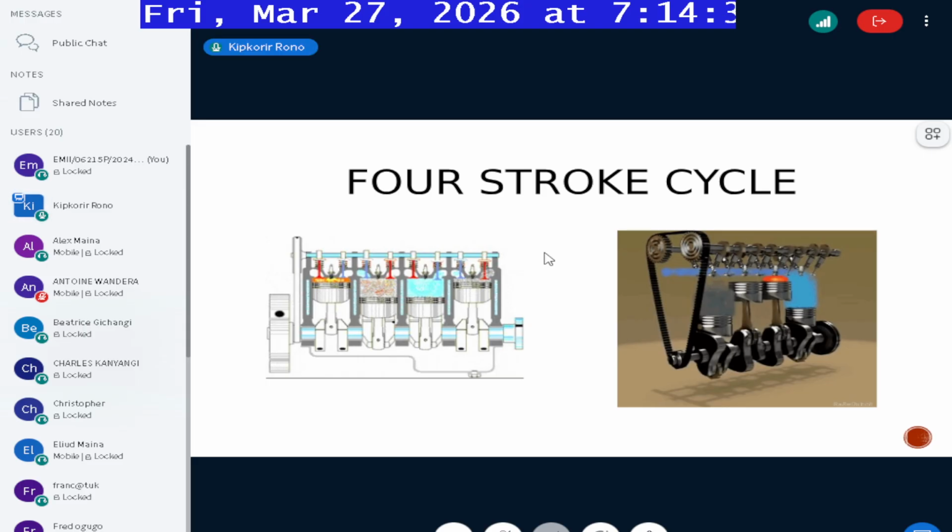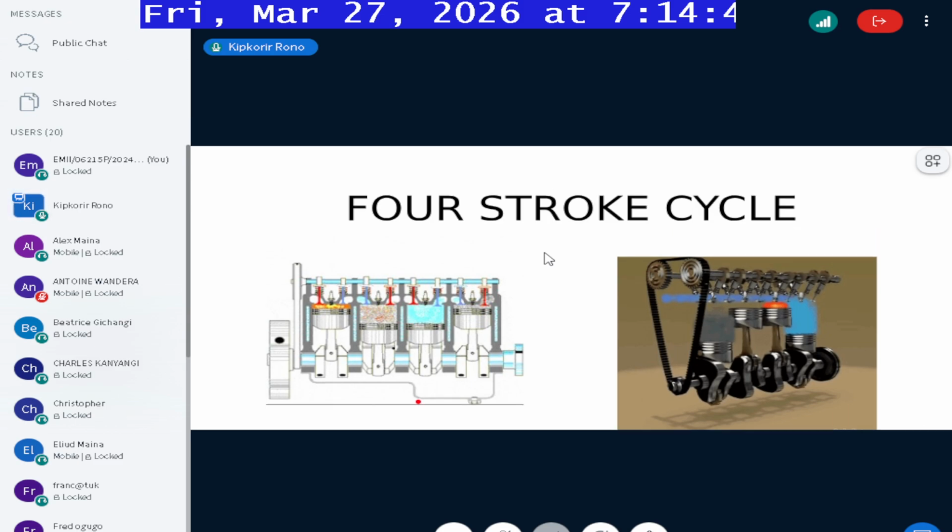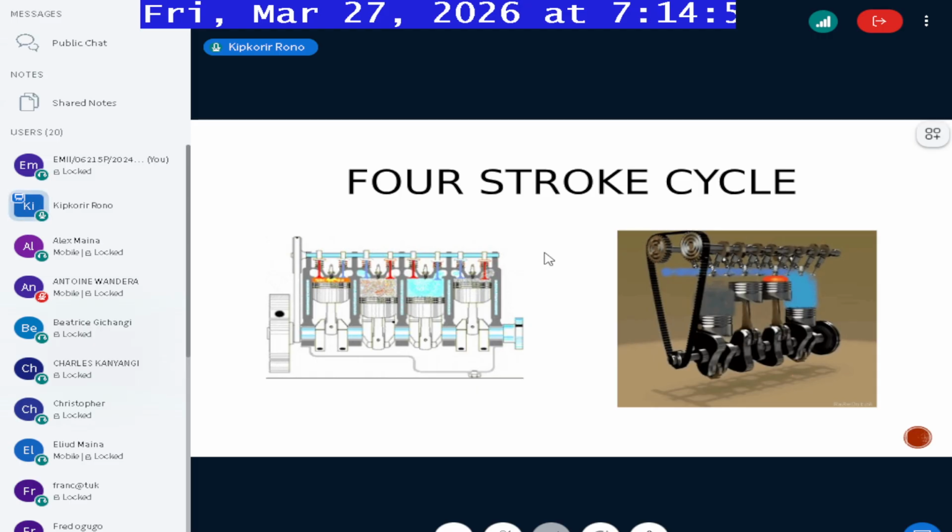I actually expected an animation, and I thought there was a way I could make this animation work, but it seems I can't. I'll send it to you so you can see it. It's just an animation showing the way the four-stroke cycle works.